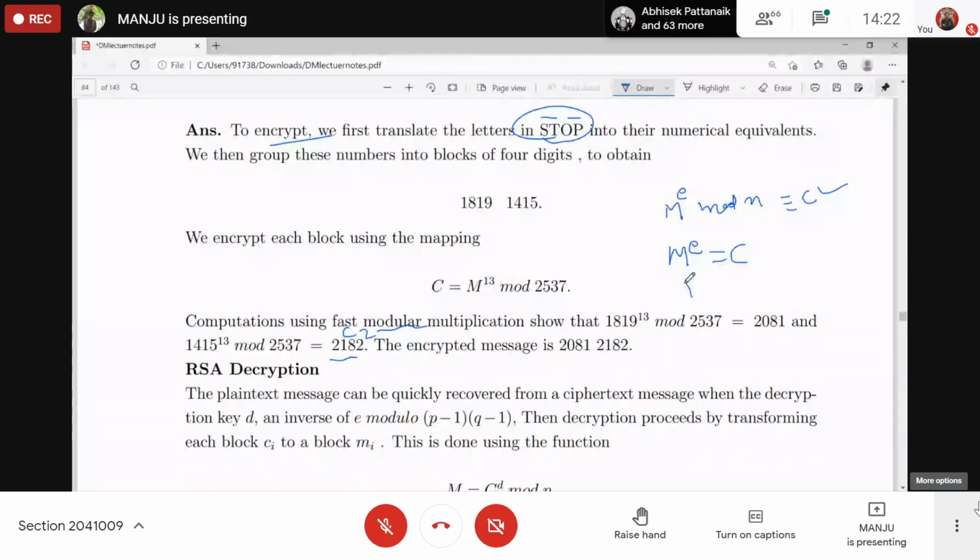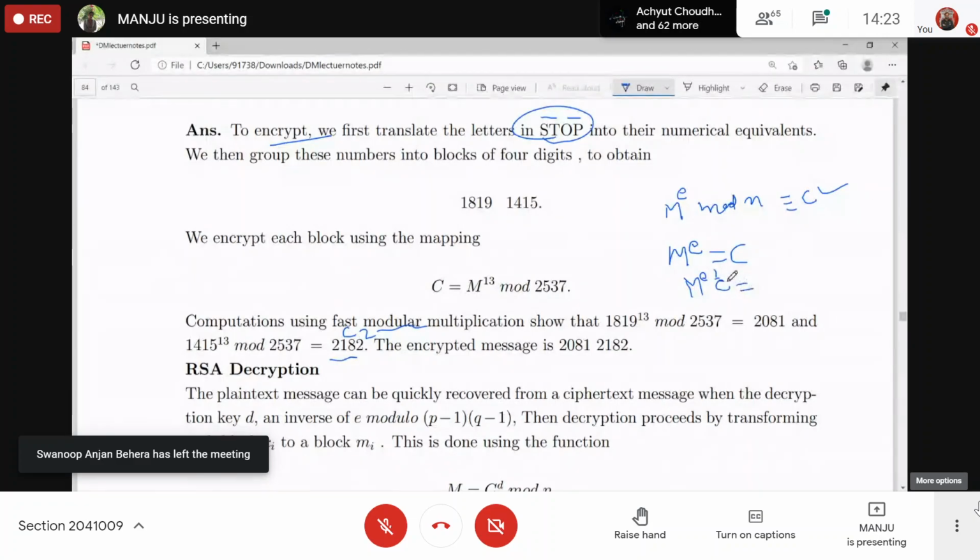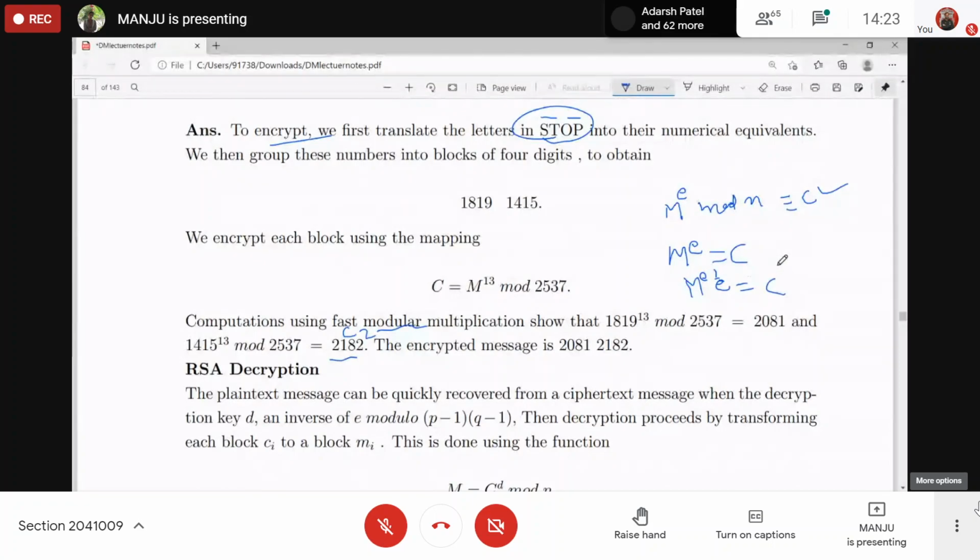M raised to power E, raised to 1 by E, is equal to C raised to power 1 by E. You have taken 1 by E power on both sides, then this will be cancelled. C is given, you can take 1 by E power and M will be done. Is that clear?